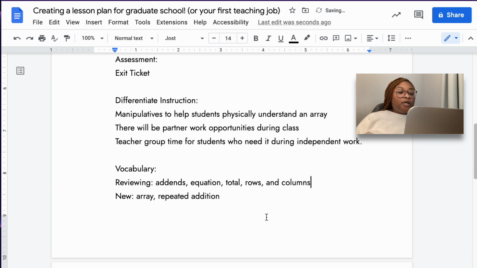Okay, so you may have more, you may have less, but making sure you put some vocabulary that you're going to be focused on. This is also good for you, because as you glance at your lesson plan, you're going to be able to say, oh yeah, I need to find out if they know this. Let me circle back on this when I come to it.